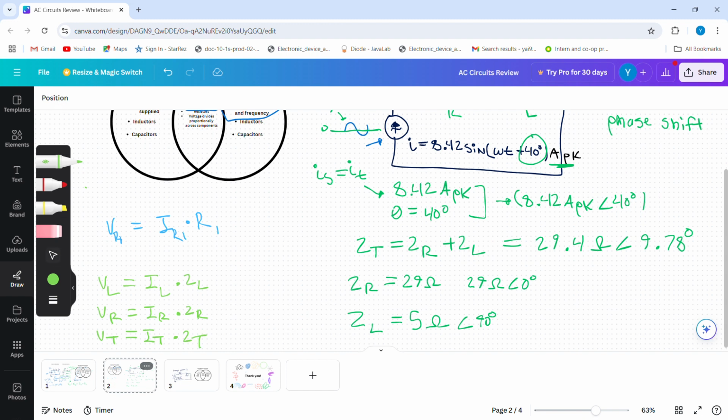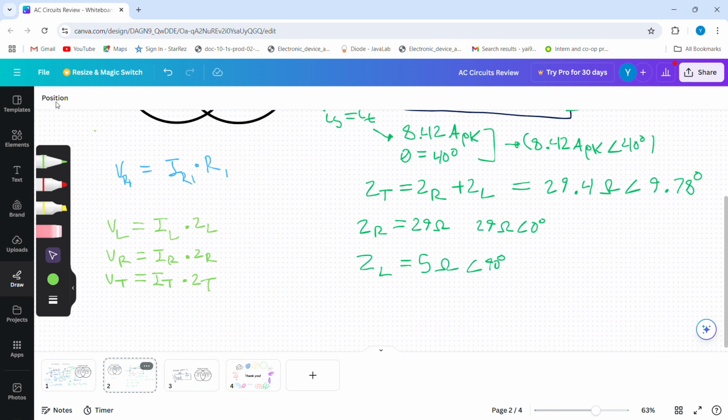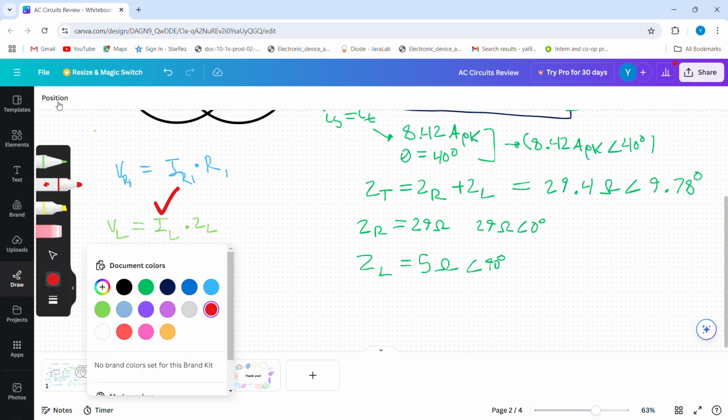So I was able to find all three of these impedance values, which is great. And I was also able to find all three of these current values because once again, my circuit is in series. So this current value is going to stay the same for each and every single one of my equations. So let's go and start finding those values.